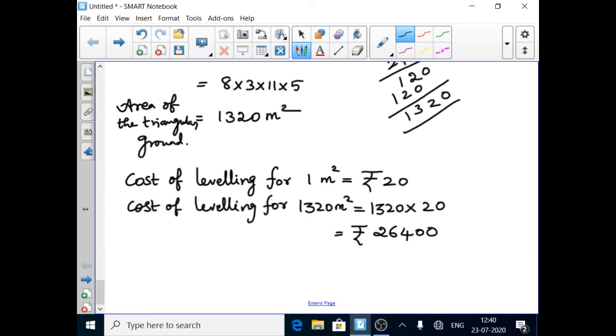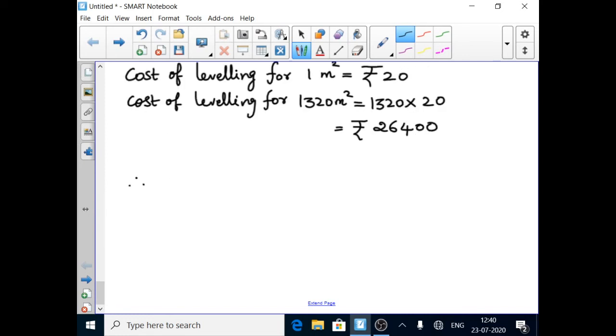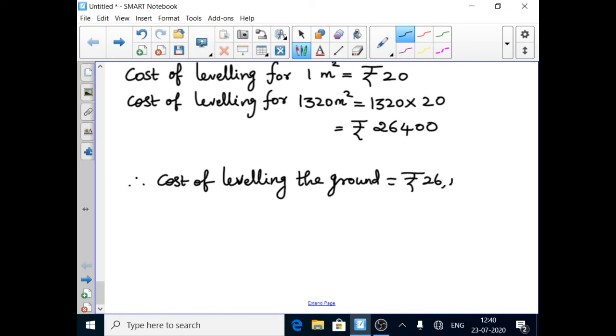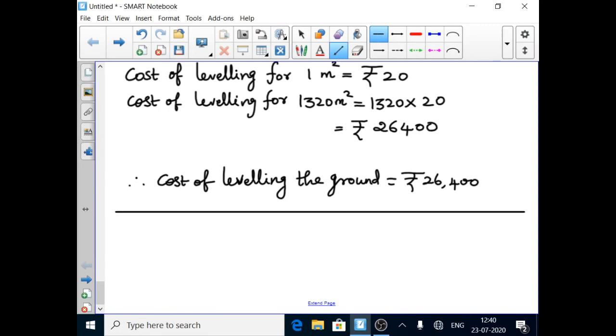Therefore the cost of leveling the ground is equal to rupees 26,400. Okay, that's all.